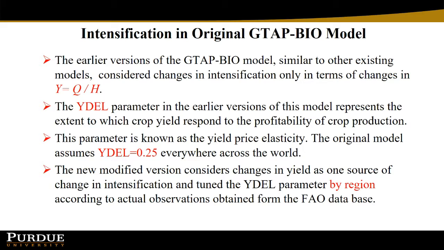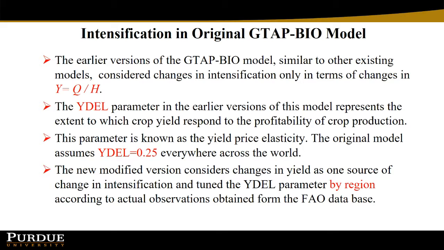The existing economic models typically represent harvested area and assume changes in harvested area equal changes in cropland, including GTAP. So under this condition, these models overestimate the land use implications of biofuel production, all of them, no exception.